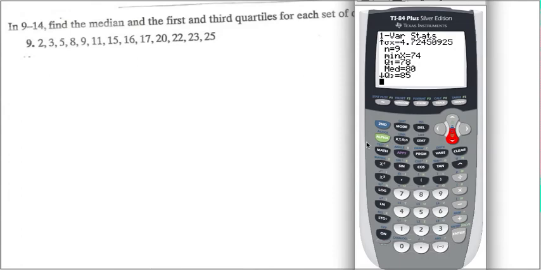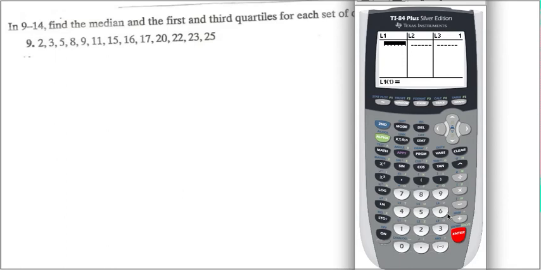And then here, find the median and the first and third quartile. Now we're going to do the same thing here. Stat, edit. This time we're going to just clear the whole thing.